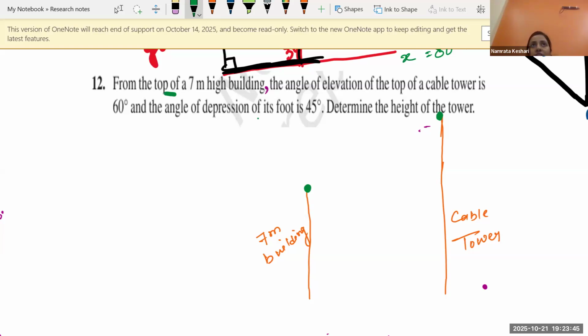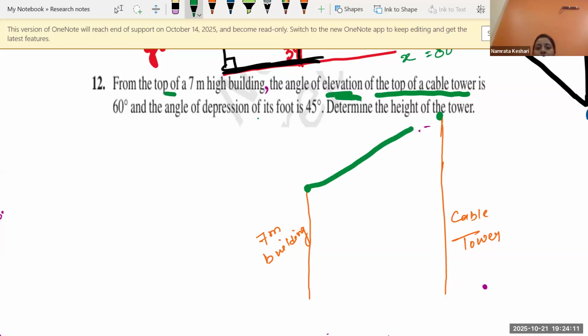Angle of elevation always gets created when the line of sight, okay, it's when we are looking up, or maybe the line is going up. So here line needs to go up to get the angle of elevation, that too also from the top of the building. Okay, the angle of elevation of top of the cable tower. So this way we need to draw one of them bigger and another is smaller.